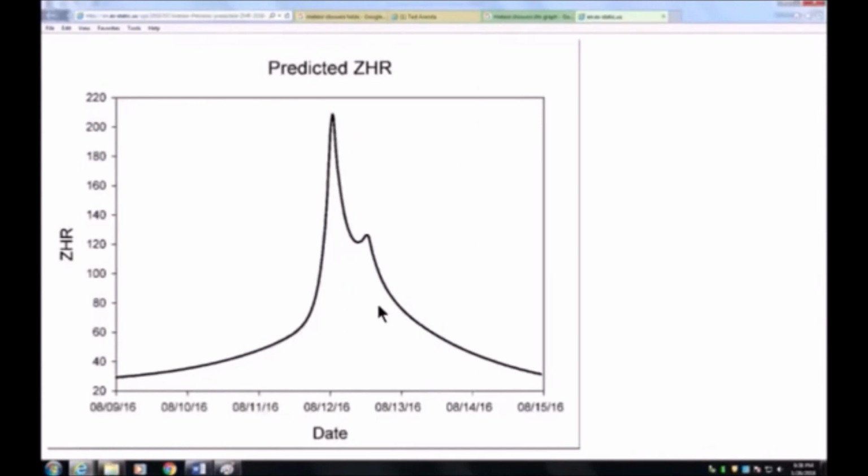So to get an idea of the number of meteorites that we're encountering, we're going to take half of that peak, and we're going to take half of this duration of the shower to get an estimate of the number of particles that we're talking about.